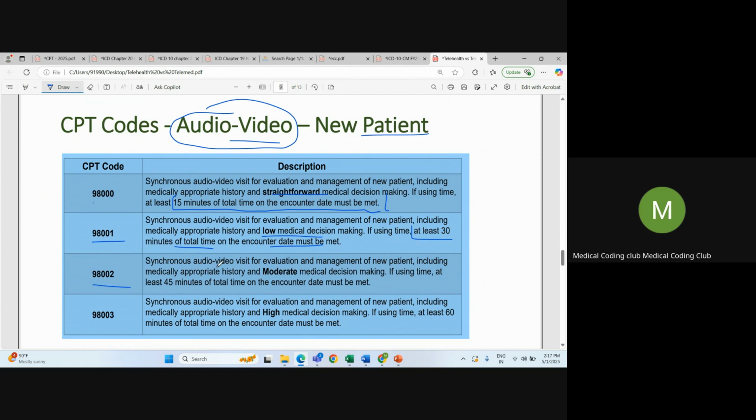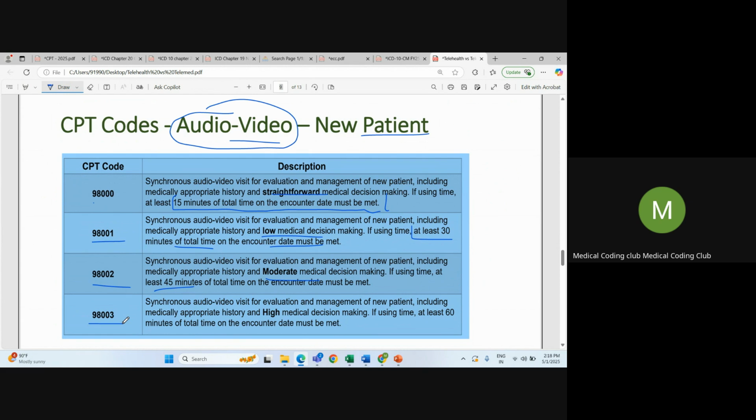Okay. And then 98002 is a synchronous audio video visit for evaluation and management of a new patient, including medically appropriate history, moderate medical decision making. And if using total time, at least 45 minutes needs to be met, then you can utilize 98002.